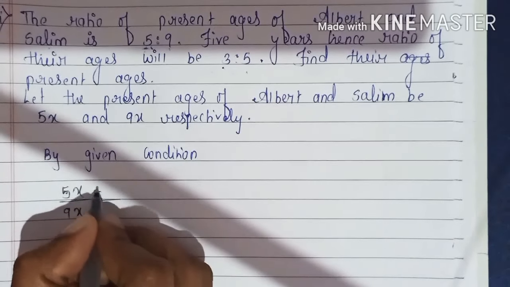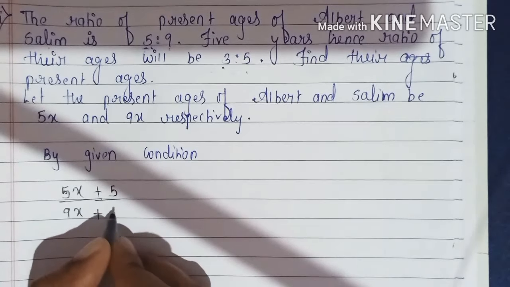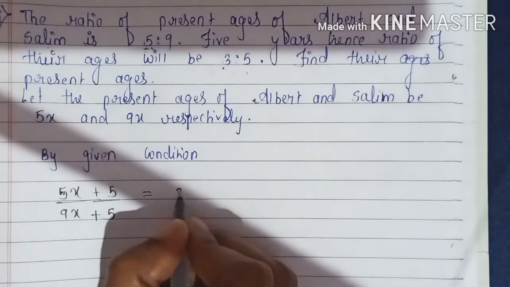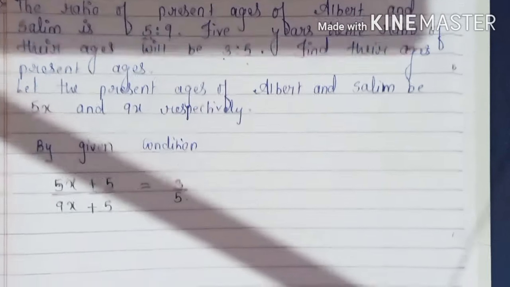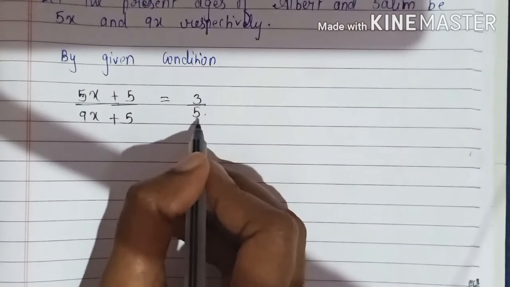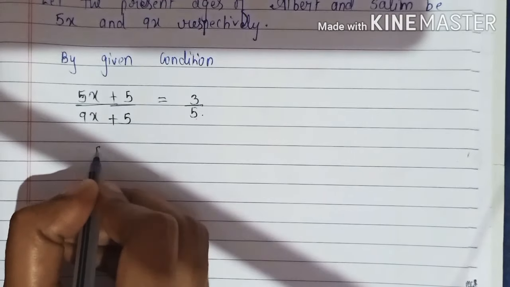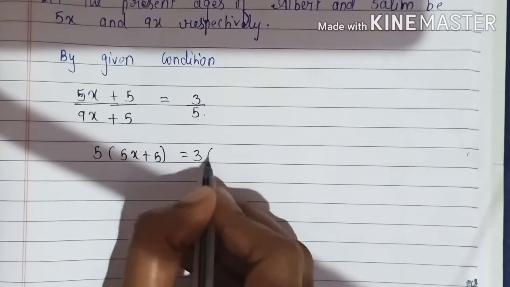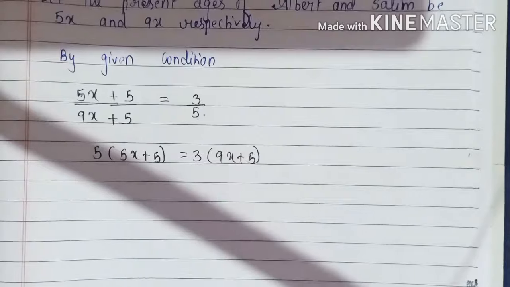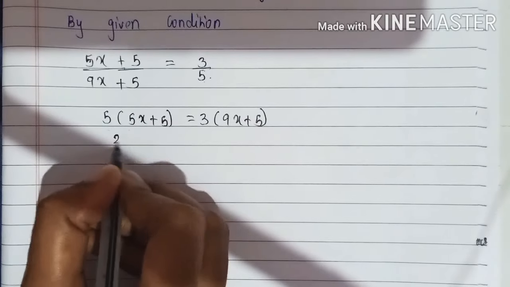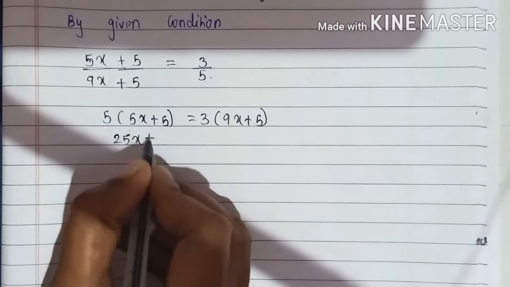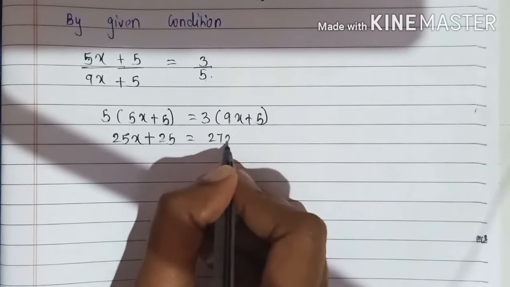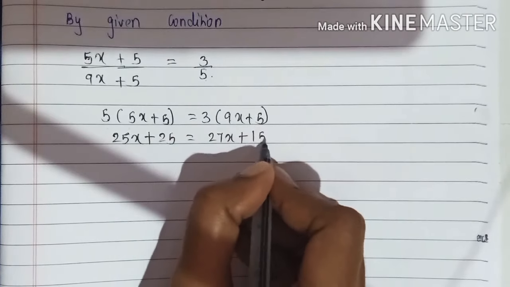Now, after 5 years means plus 5. That's equal to, after 5 years the ratio will be 3/5. 3:5 means 3/5. So here we will do cross multiplication. This 5 multiplies with 5x plus 5, and this 3 will multiply by 9x plus 5. Now multiply this. 5 5s are 25x plus 5 5s are 25. 3 9s are 27x plus 3 5s are 15.